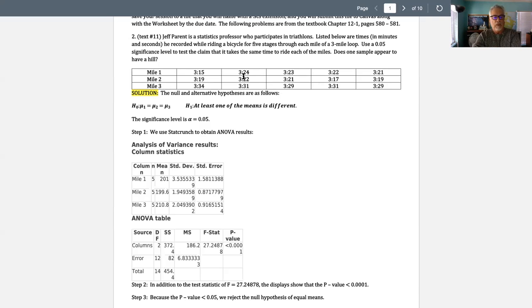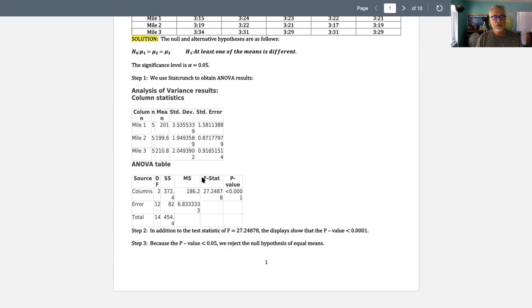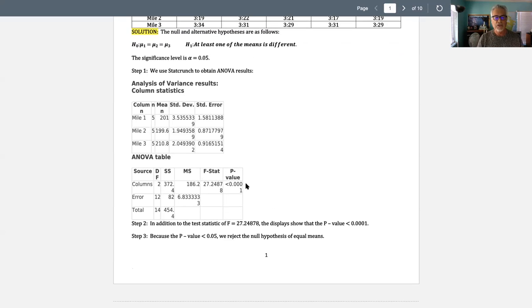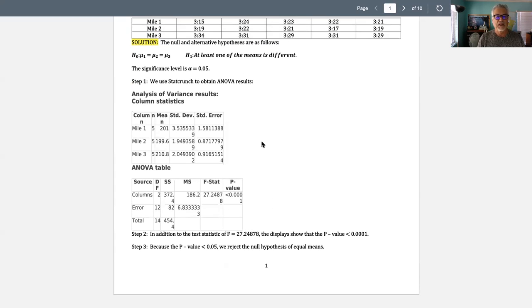Now, what I have here is the StatCrunch results, and I'll show you how to generate these results. Unfortunately, when I go in from my word processor document, which looks perfect, and upload it into Canvas here, it kind of throws off the word processing a little bit, and we've seen this before.